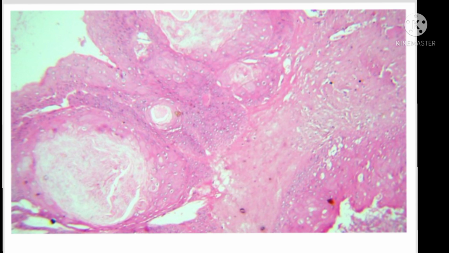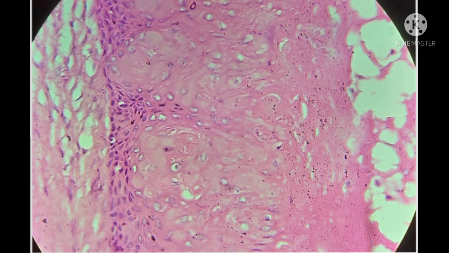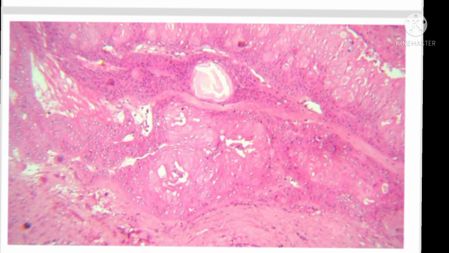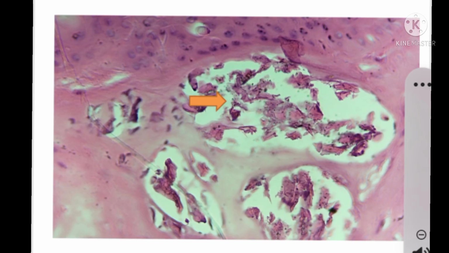This slide shows clear vacuolated cells, and this shows areas of calcification. The features are variable sized lobules with epidermal thickening, areas of calcification, and a few clear cells. Taking all the cells into consideration, I consider it as proliferating tricholemmal cyst, also known as proliferating tricholemmal tumor or proliferating pilar tumor.